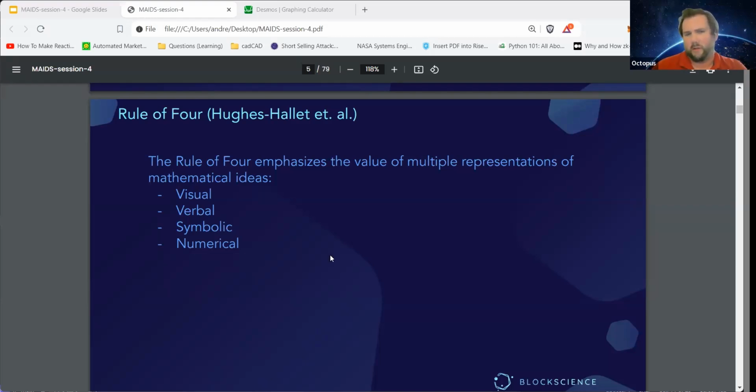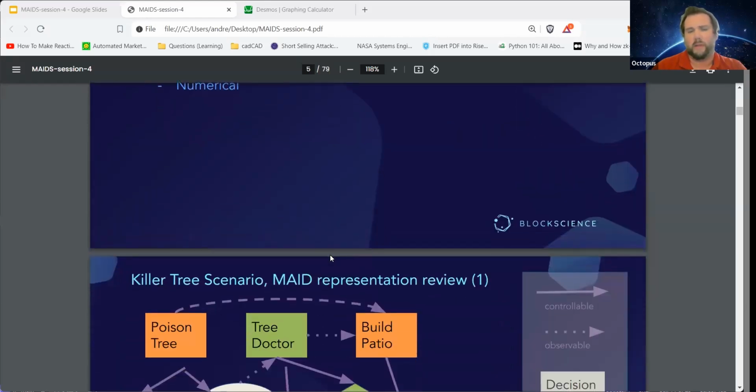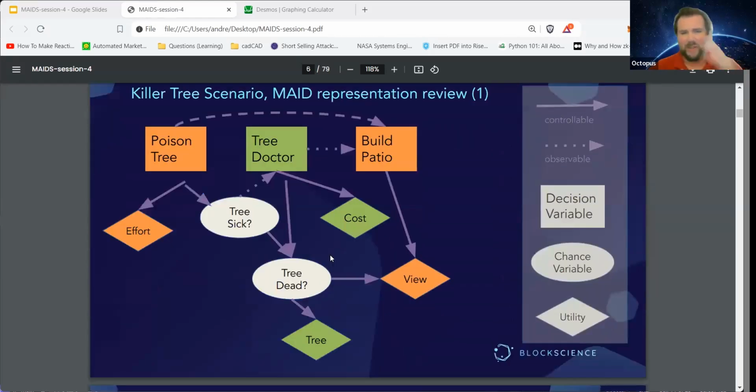And MAIDs are a great illustration of this, because MAIDs have a very clear diagrammatic structure. That's one of the things that we've been able to leverage, not only for understanding the problem and understanding the models, but also because this diagrammatic structure creates the opportunities for the types of algorithms and search techniques that we discussed in more technical detail previously.